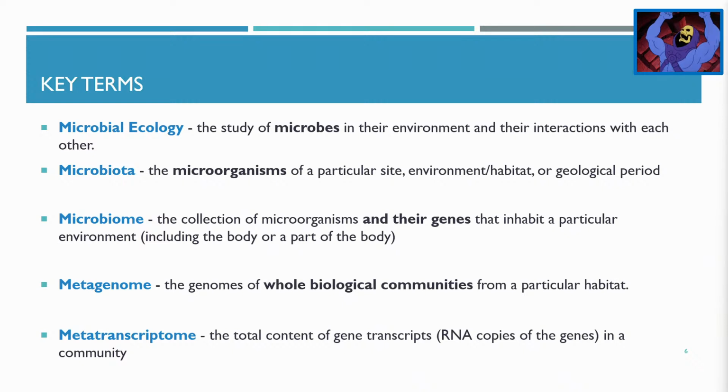So it's the whole biological community. And then the metatranscriptome comes from the word transcriptomics, or transcription. In transcription, we're making RNA from DNA. So the metatranscriptome is the total content of gene transcripts, or the RNA copies of the genes, in a community. So just some terms that you should be familiar with.